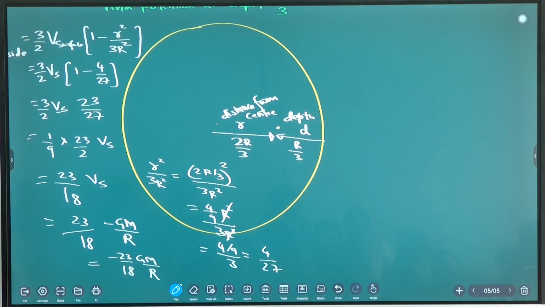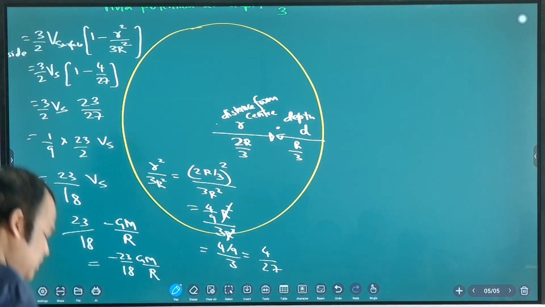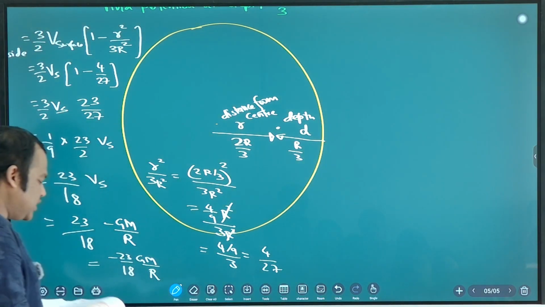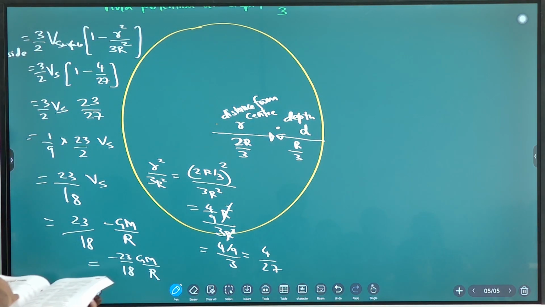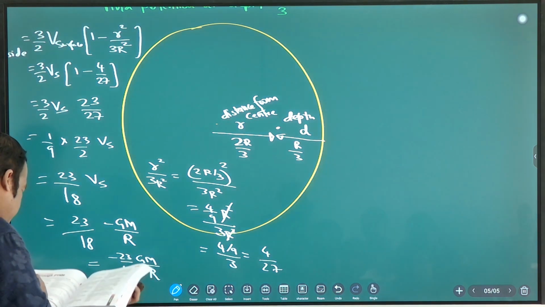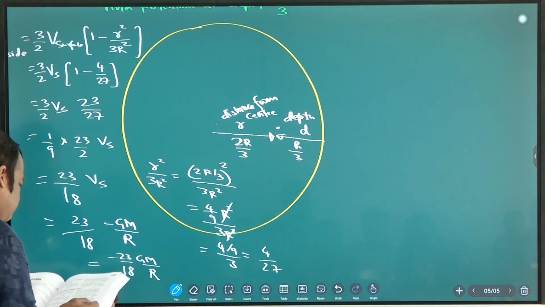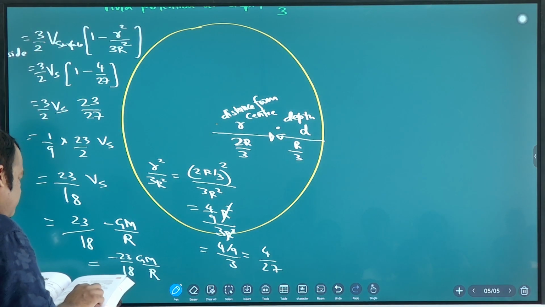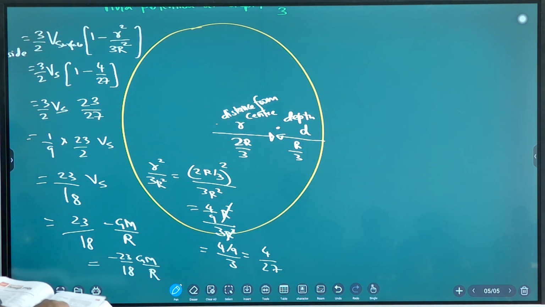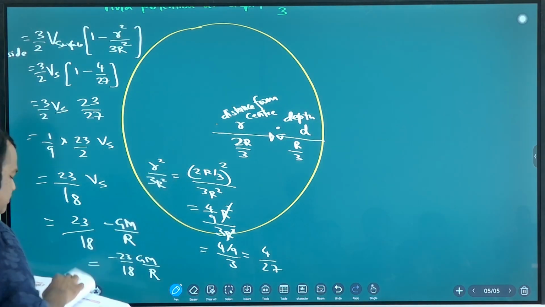Give me the book. We will see some questions like this. So, potential inside planet, note down. Potential inside planet. Yesterday I gave this question, then the power went. Same question we'll solve now.